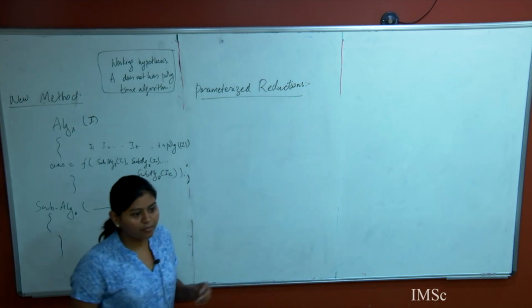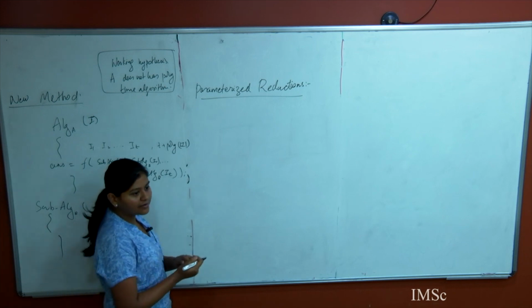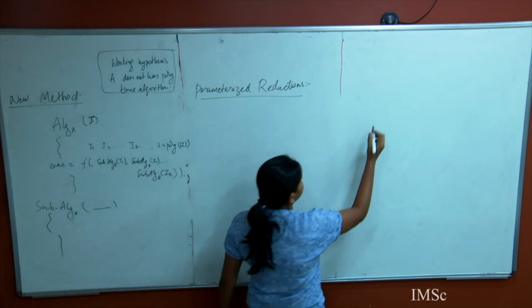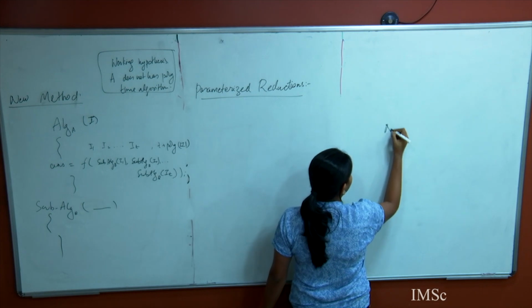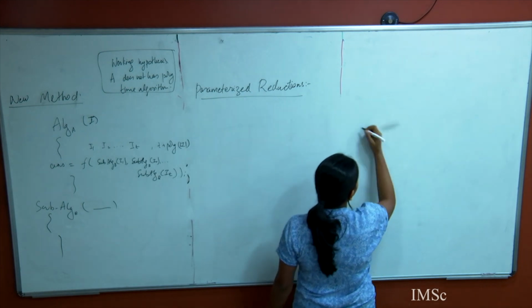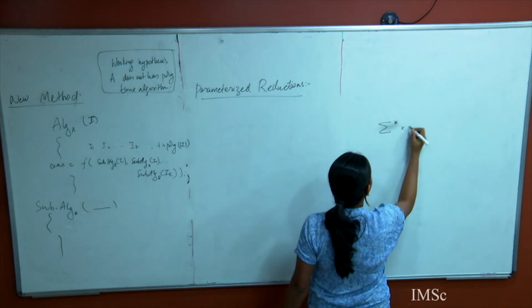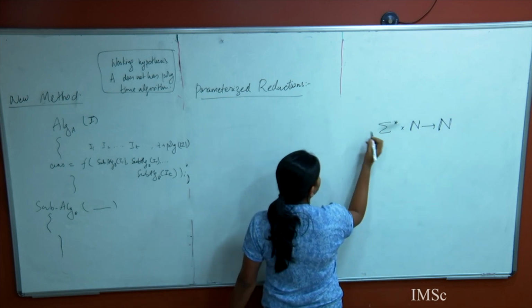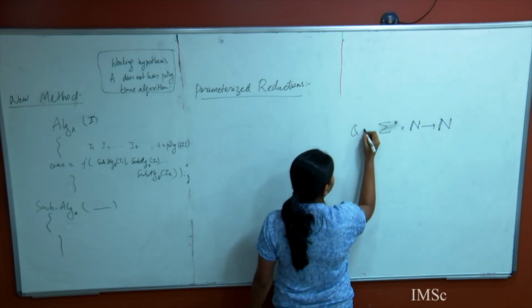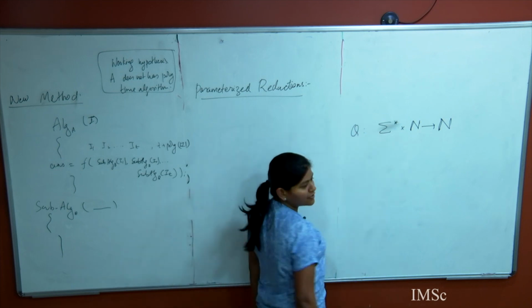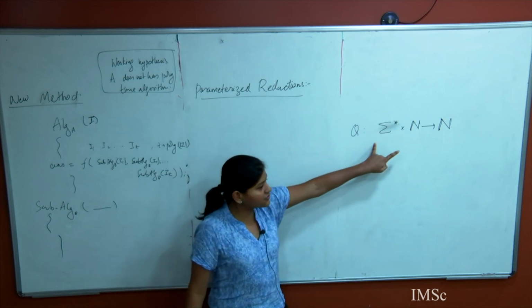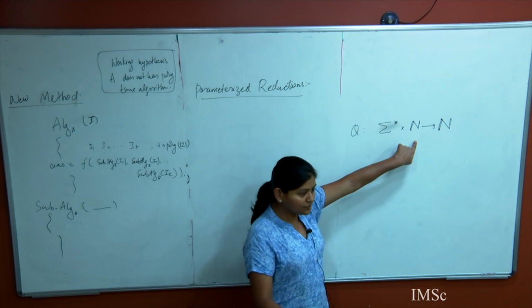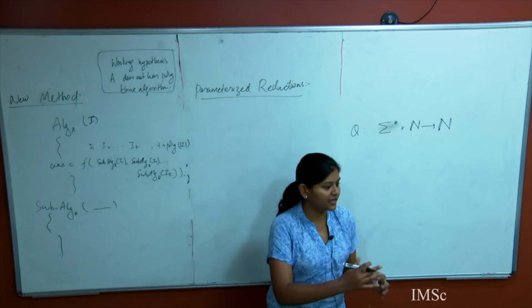I hope everybody is aware that a parameterized problem is a mapping from sigma star cross N to N. So this is our problem Q. We can represent any parameterized problem like this because we have the string, we have the parameter, and we have some map.